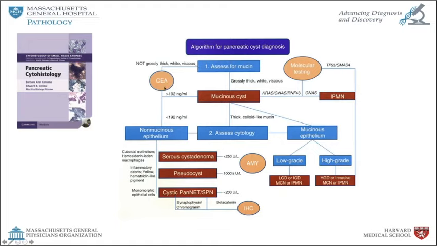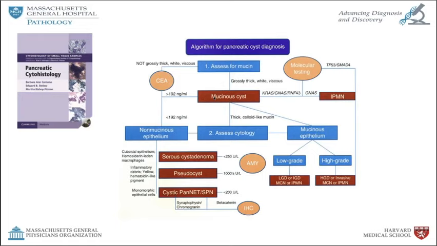Then we're going to look at our CEA. Is our CEA greater than 192 nanograms per mL? It's a mucinous cyst until proven otherwise, right? There are false positives in lymphoepithelial cysts, which look different under the microscope, with keratinous debris and lymphocytes. They usually look more solid on imaging, but it doesn't give you fluid generally that can be sent.